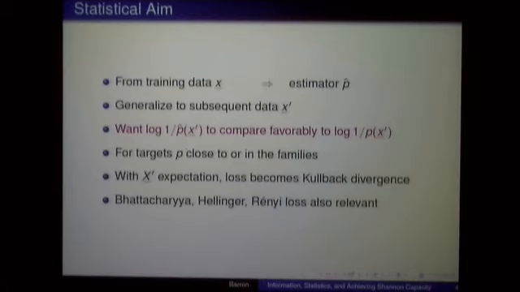Now, I want to make a distinction that there really are two aims, and both are important. In data compression, you're looking at one string, x1 through xn, and you want a choice of a Q that compresses that one string well.